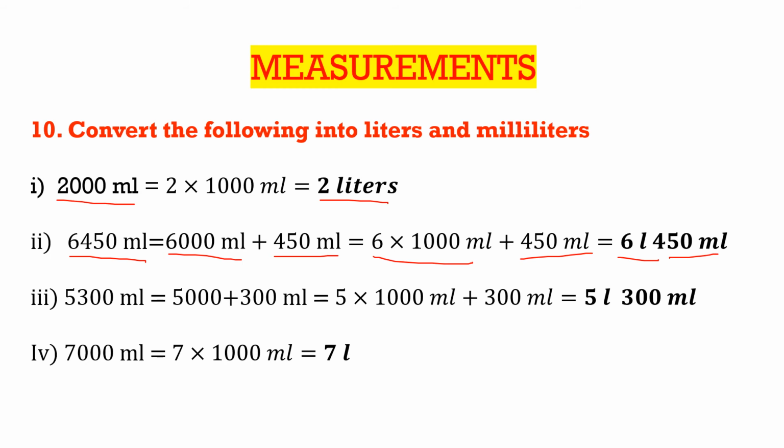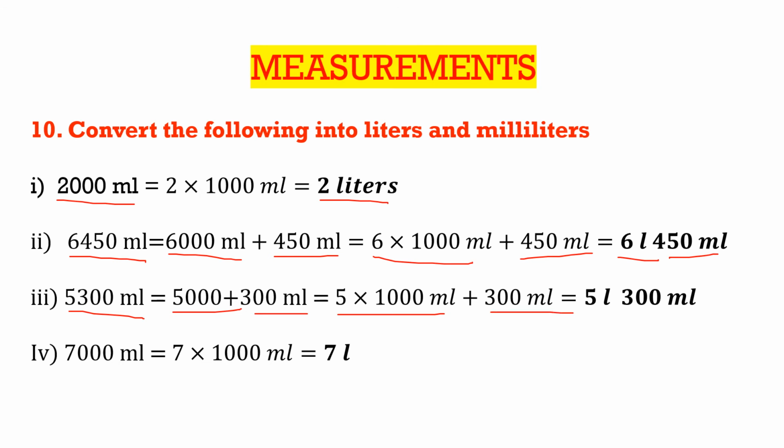Now third bit is 5300 milliliter. We have to convert 5300 milliliter into liters and milliliters. We can write 5300 equal to 5000 plus 300 ml. 5000 milliliter equal to 5 multiplied by 1000 milliliter plus 300 milliliter.